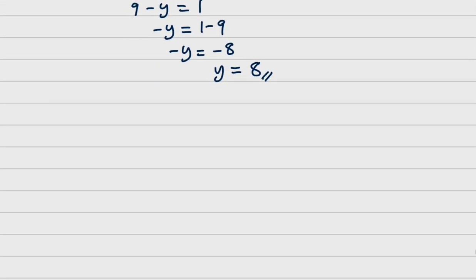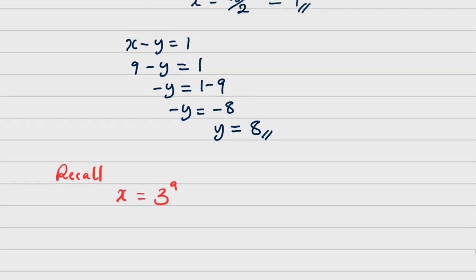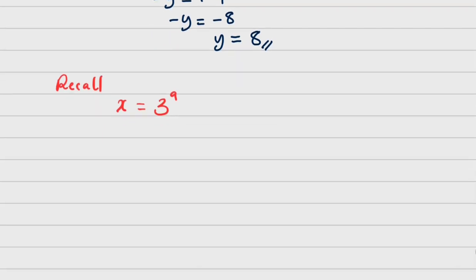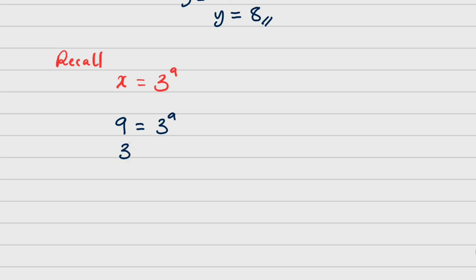So therefore, recall that my x is 3 raised to power a. Now, if my x is 3 raised to power a, I'm going to fix the value of x, which is 9. So I'm going to have 9 is equals to 3 raised to power a. Now, this is going to be 3 raised to power 2 is equals to 3 raised to power a.